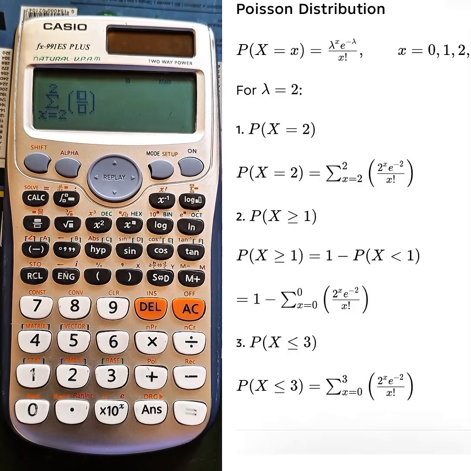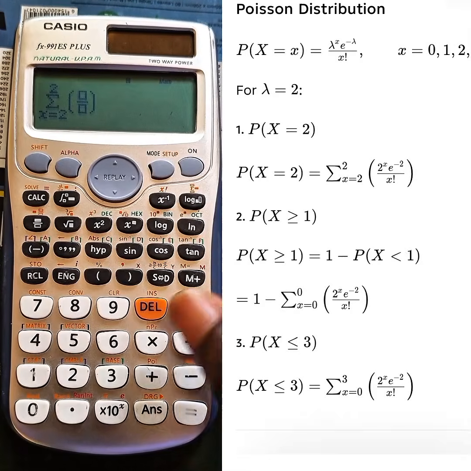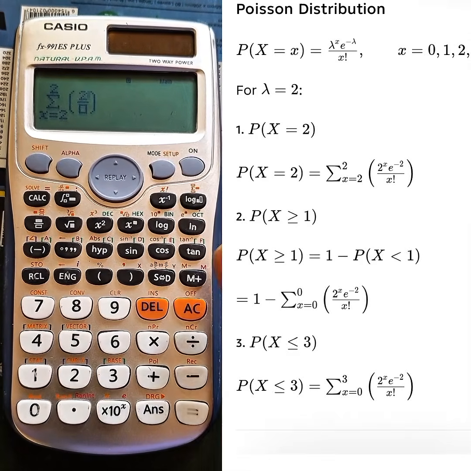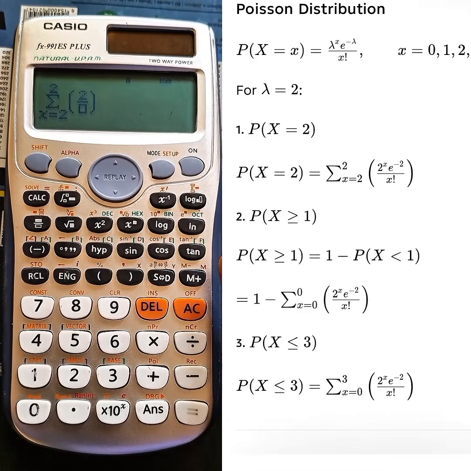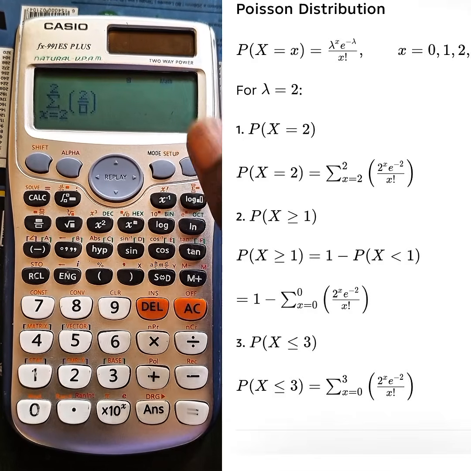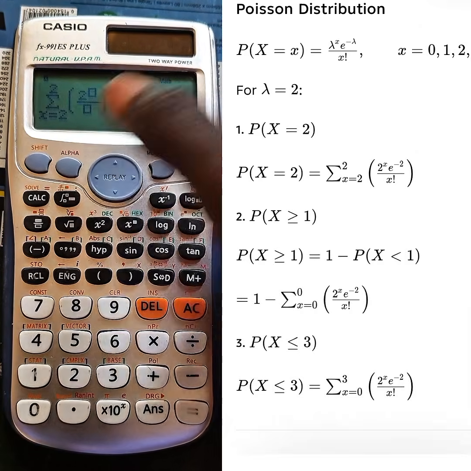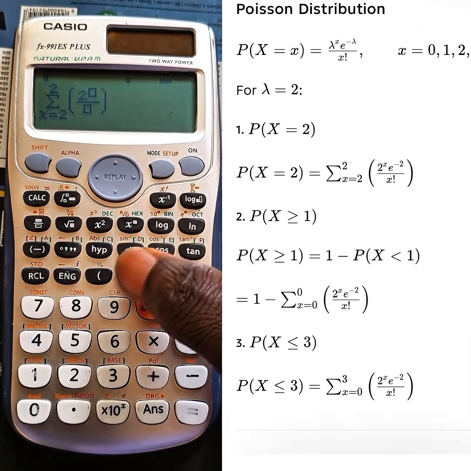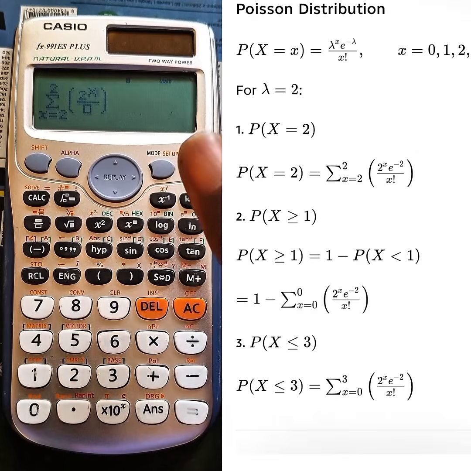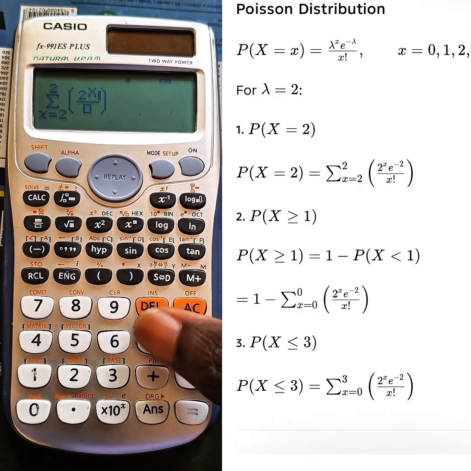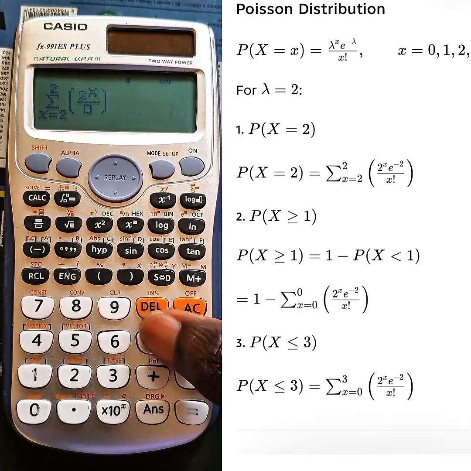Our lambda in the formula is given in the question as 2, so we press 2 here. Now we press 2, and then it is lambda to the power of x. In place of the power, you press alpha, then press x where x is. Then make sure you come down again, and then press this multiplication sign.